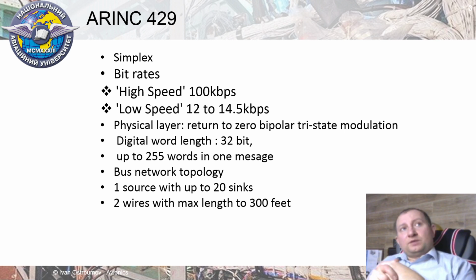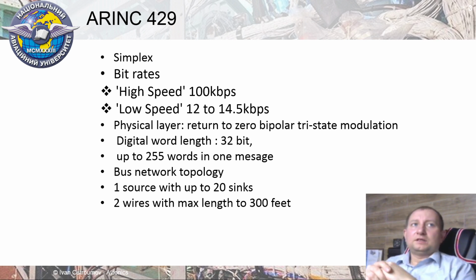If we talk about basic performance of this specification, we need to mark that ARINC 429 is a simplex data transferring channel. It supports two bit rate modes, low speed from 12 to 14.5 kilobits per second and high speed up to 100 kilobits per second.